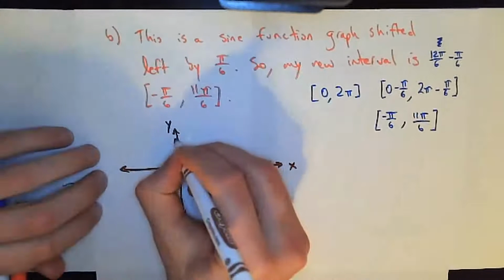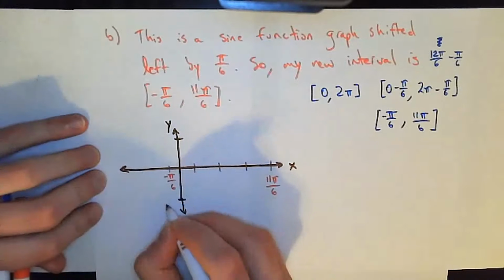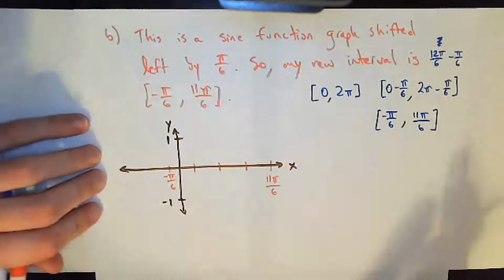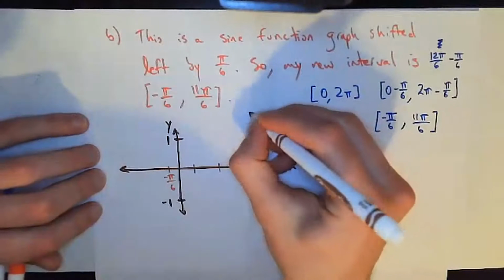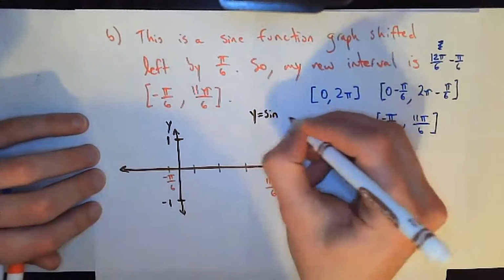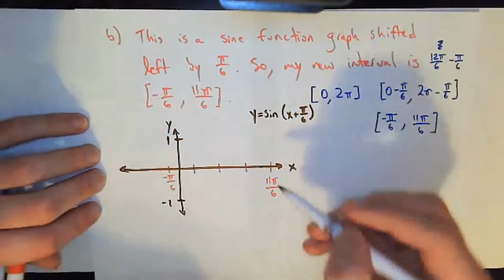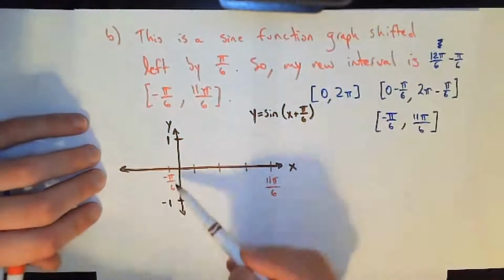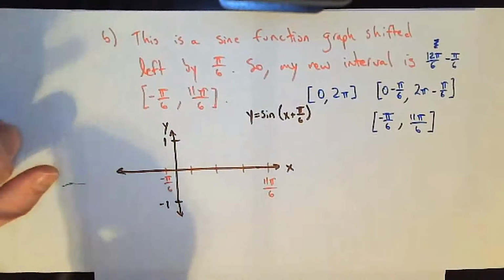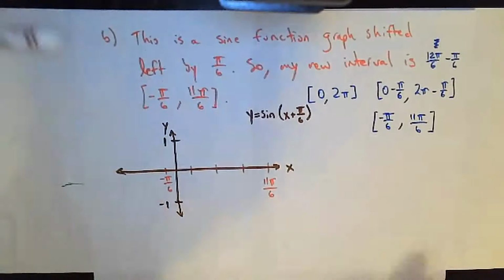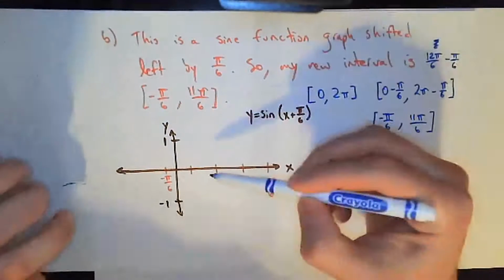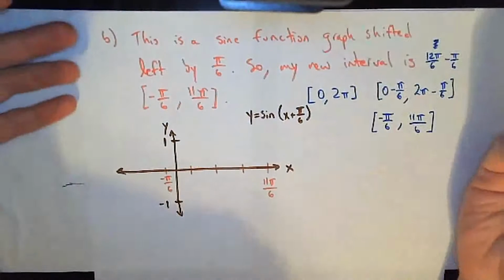What are my bounds on my y values? Well, just negative 1 to 1, because the function we're graphing is just the sine function with a plus pi on 6 inside, so nothing is happening to its amplitude. Its amplitude is still going to be 1. Without even labeling these intervals, I know what sine does.